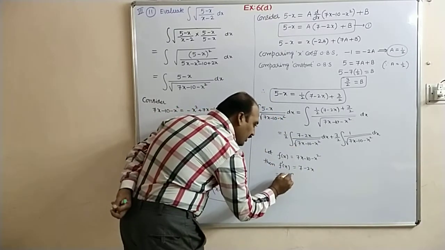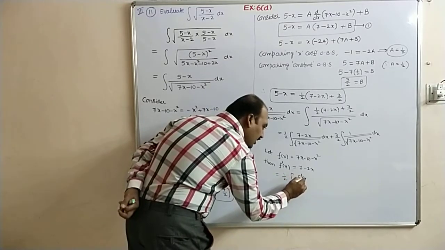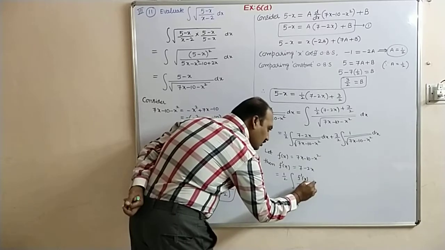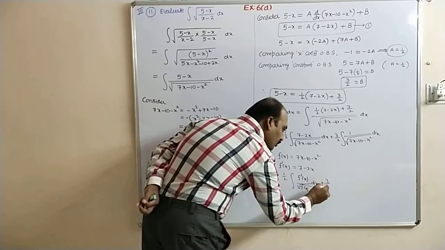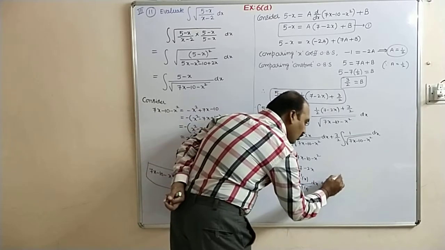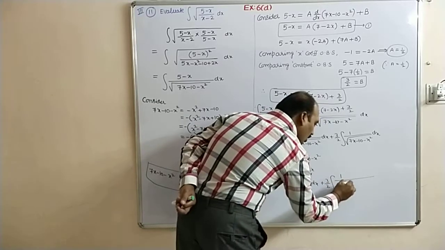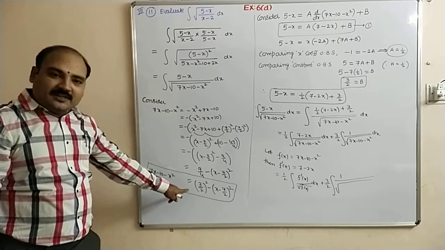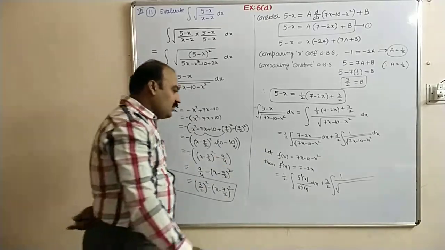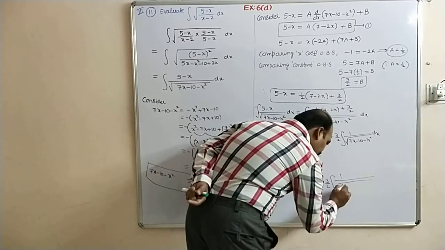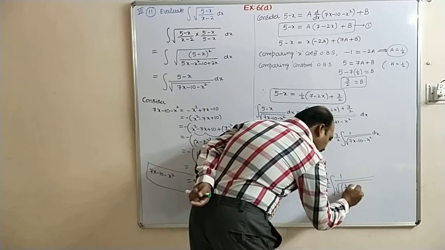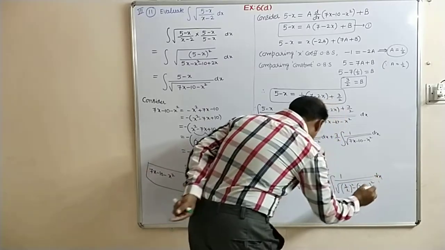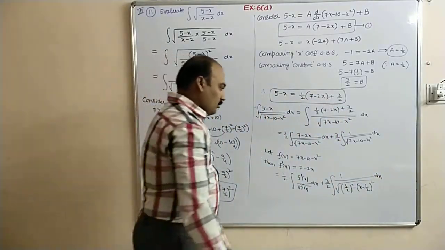So 1 by 2 integral of f dash of x divided by root of f of x into dx, plus 3 by 2 into integral of 1 by square root of, in place of 7x minus 10 minus x square, we got this value that we have to replace there: (3/2) whole square minus (x minus 7/2) whole square, into dx.